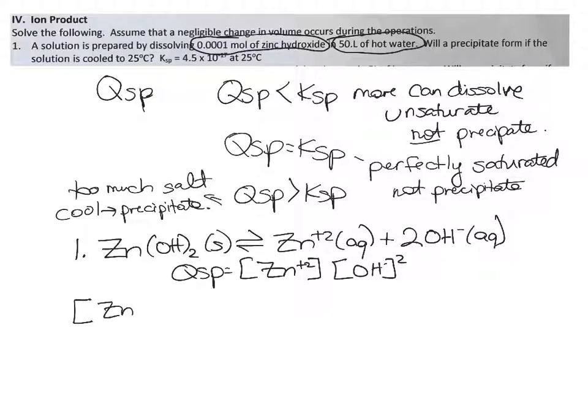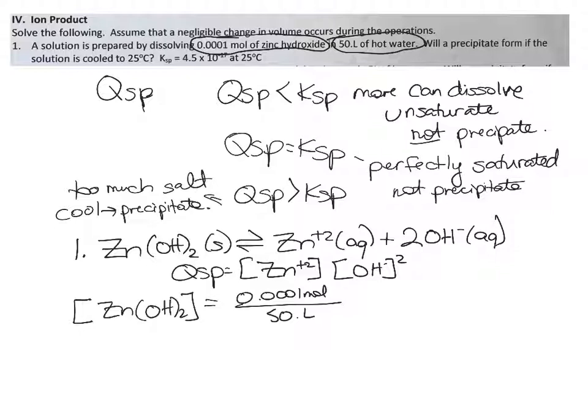first let's do the concentration of our full salt in the water. When we initially put this in the water, we have 0.0001 moles of zinc hydroxide per 50 liters of water.